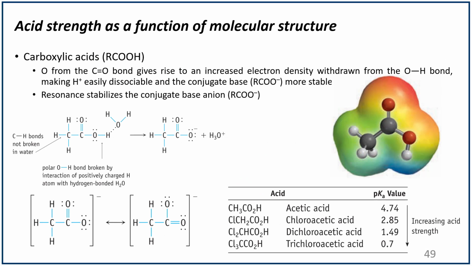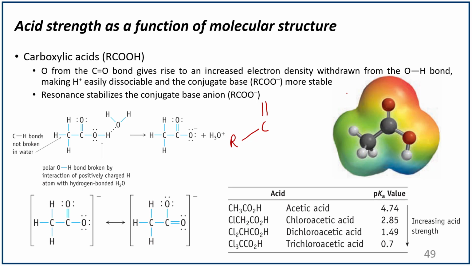Okay, and then the last acids that we should consider, and you'll be seeing this a lot in organic, will be carboxylic acids. Carboxylic acids have the formula RCOOH, where basically you have a group here, let's call it R. It can be a long alkyl chain similar to what we have been looking at in chapter 10, or just hydrogen, can be whatever.